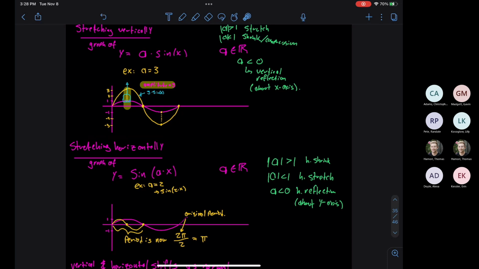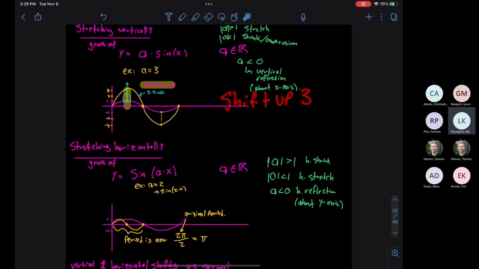How would I get the graph of sine of x, but shifted vertically up 3 units? Just move each point up 3 units. And what would be the equation for that?